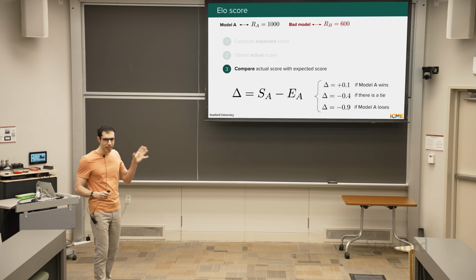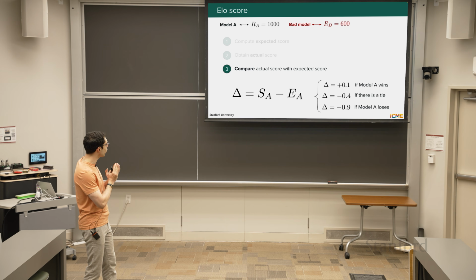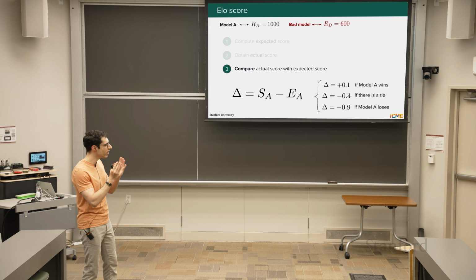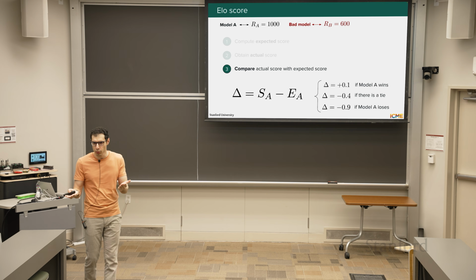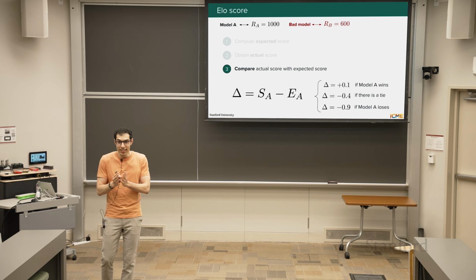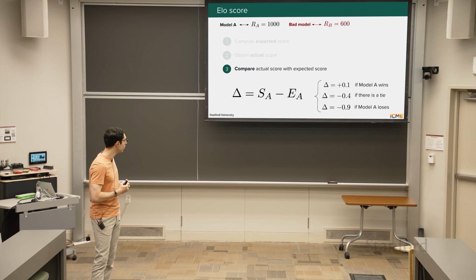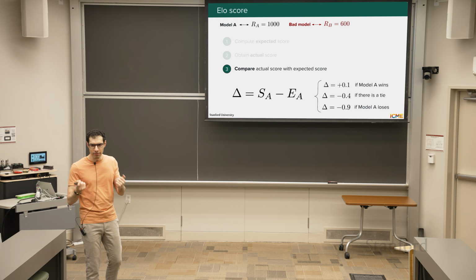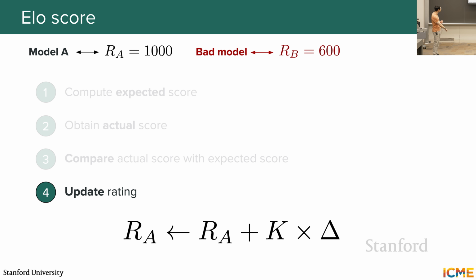So the good thing with this observation is we see that if our model wins against a bad model, there is not a lot of gain, which is aligned with our intuition. And if the model loses, then it means it's really, really bad, so there is a big downward contribution. And even if there is a tie, we know that if we're tied with a very bad model, then that's also a bad contribution for our rating.